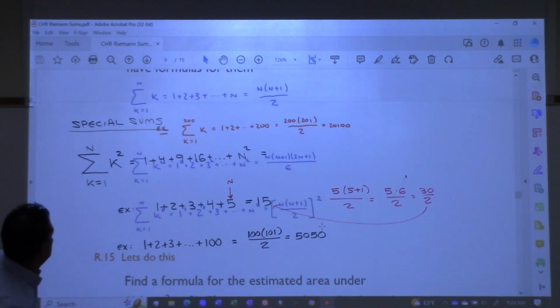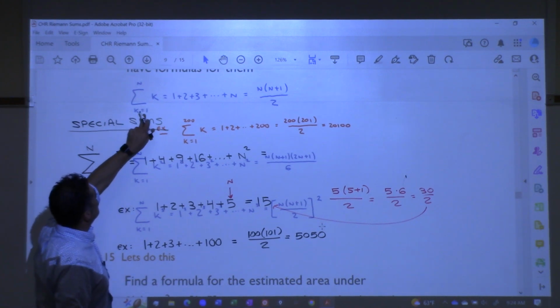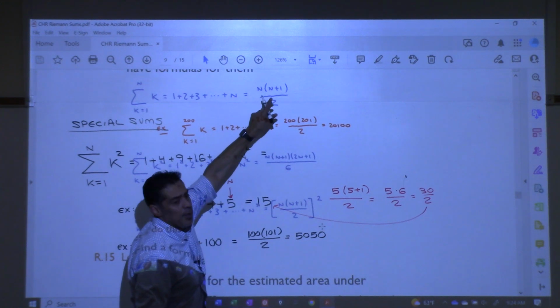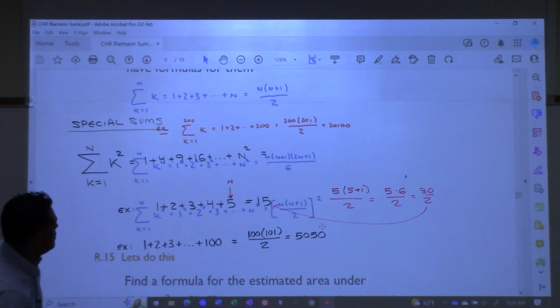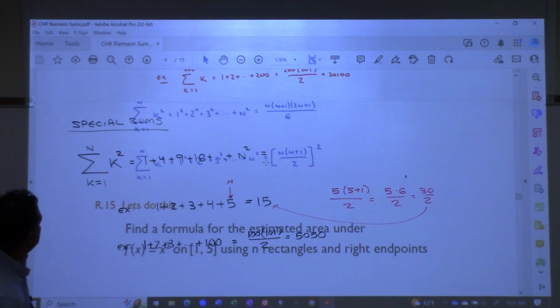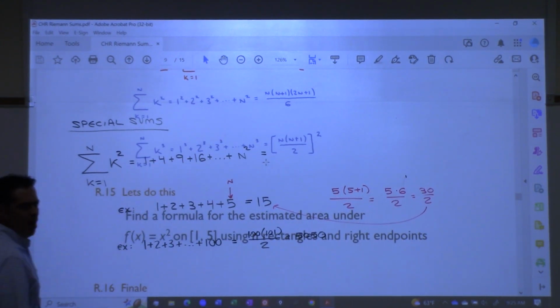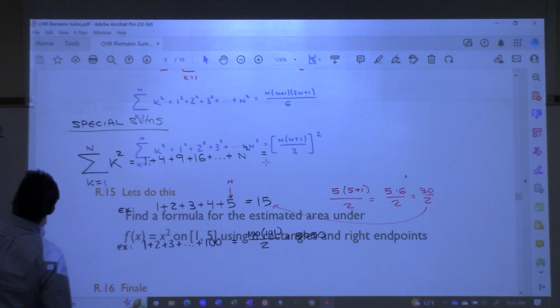I have the formula we just did up here. Sum k equals 1 to n of k, which is 1 plus 2 all the way to n. That's n times n plus 1 over 2. Look at the formula for this one, for k squared. It's this right here. I'm going to put these on the side off camera, all right, so I can use them in a minute. So when I do the sum k equals 1 to n of k, which is 1 plus 2 plus 3 plus all the way out to n, that's n times n plus 1 all over 2.